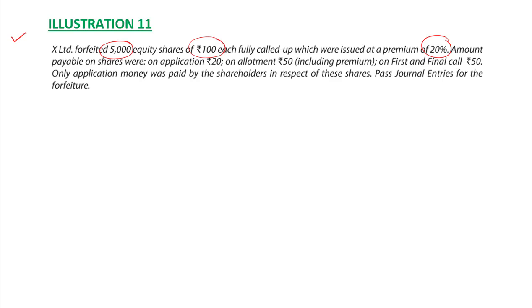Amount payable on shares were: on application 20, on allotment 50, that is including premium, so it is 30 plus 20. On first and final call, it is 50. Only application money was paid by the shareholders in respect of these shares. Pass journal entries for the forfeiture.